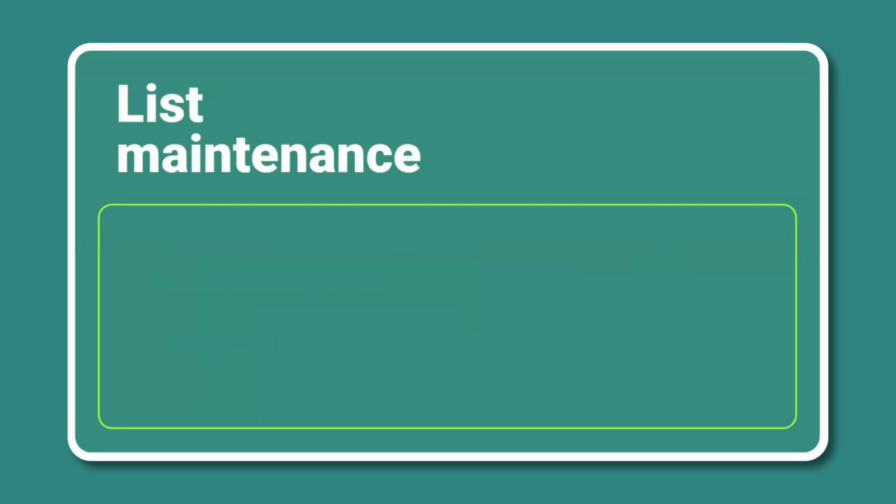Now we will continue with the next important part, which is how to maintain your list in good health. I added handling hard and soft bounces effectively here, but in reality, I do not want to spend too much time on this one because if you're an Omnisend customer, we are already taking care of that for you.